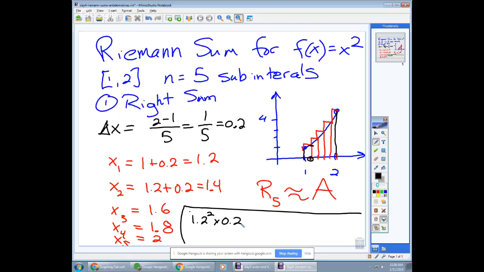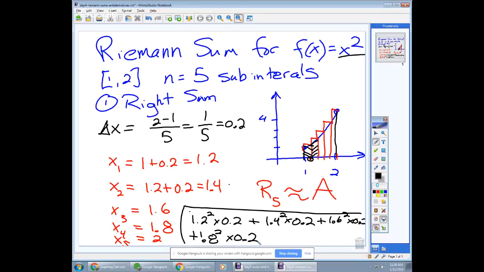Then I just keep repeating that for each rectangle. The next one would be its x value, 1.4. The function says square it, multiply by the base, 0.2. And now I have this next rectangle. Then I just keep repeating this. So plus 1.6 squared times 0.2 plus 1.8 squared times 0.2.